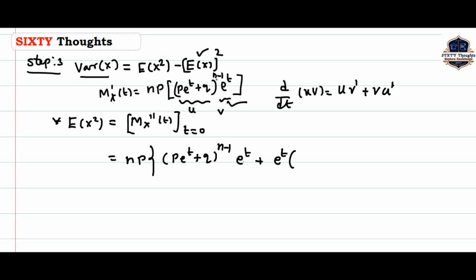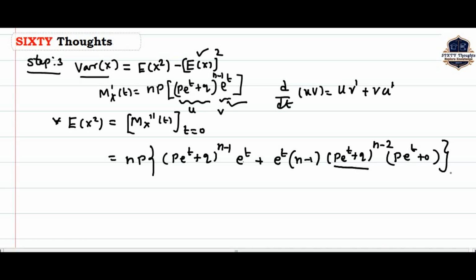We know x power n means n into x power n minus 1. Same way we get (n minus 1) into (p e power t plus q) power n minus 2. Once again differentiate with respect to t in the given function. So we get p e power t plus 0.